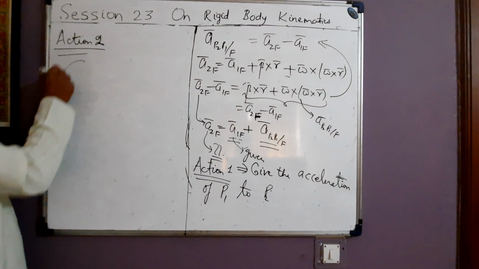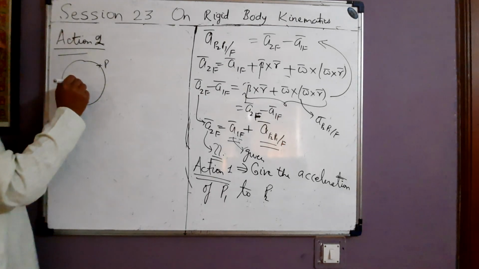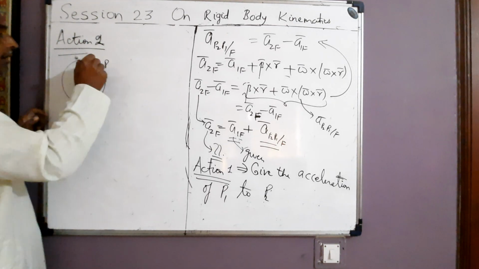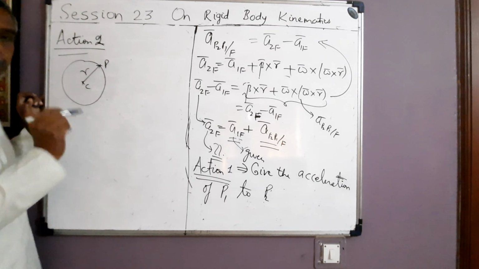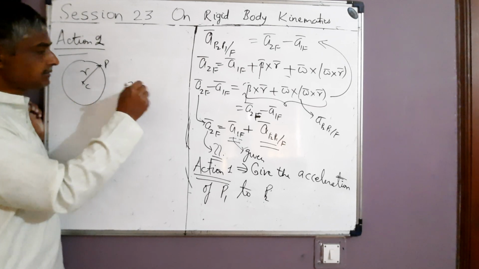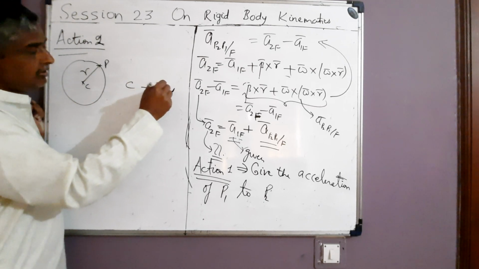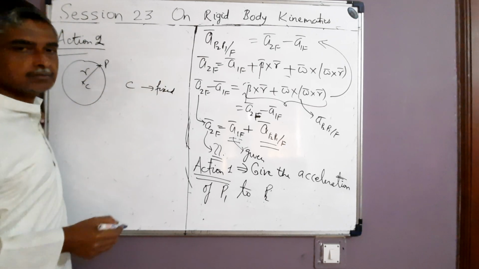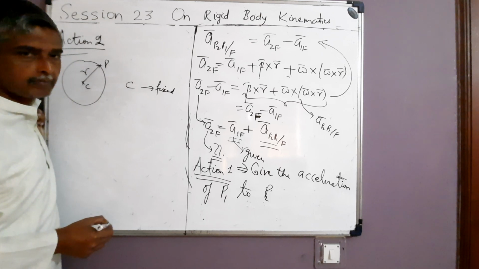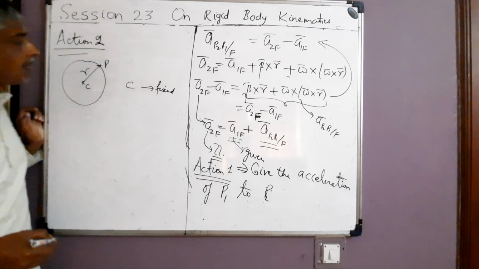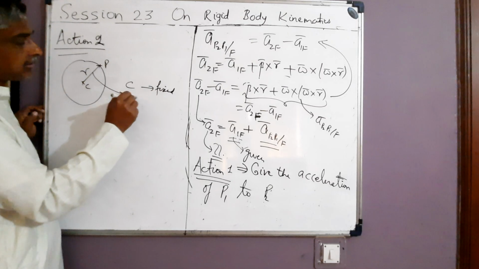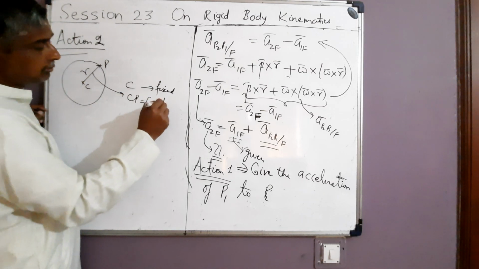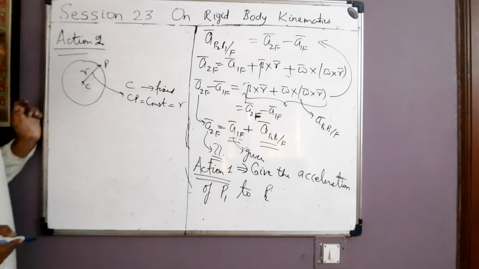See, suppose P moves in a circle with C as center and R as radius. Suppose. This means C is fixed. If P moves in a circle with C as center, then C should be fixed. Distance CP is constant. That is equal to the radius of the circle.